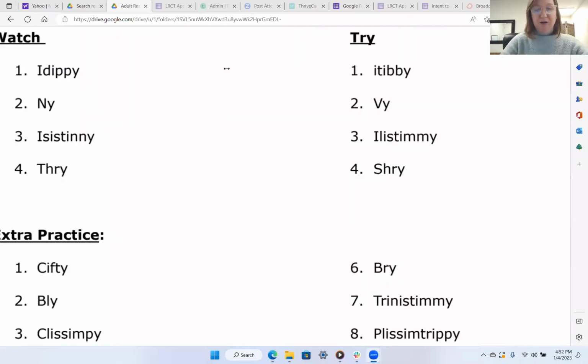Good question. So a digraph blend includes a digraph with a consonant. A digraph is two letters that make one sound, so a digraph would be SH, CH, TH, PH. And a blend is a combination of consonants. So consonant blends are any sort of combination of consonants. So we have ST, STR is a 3 consonant blend.